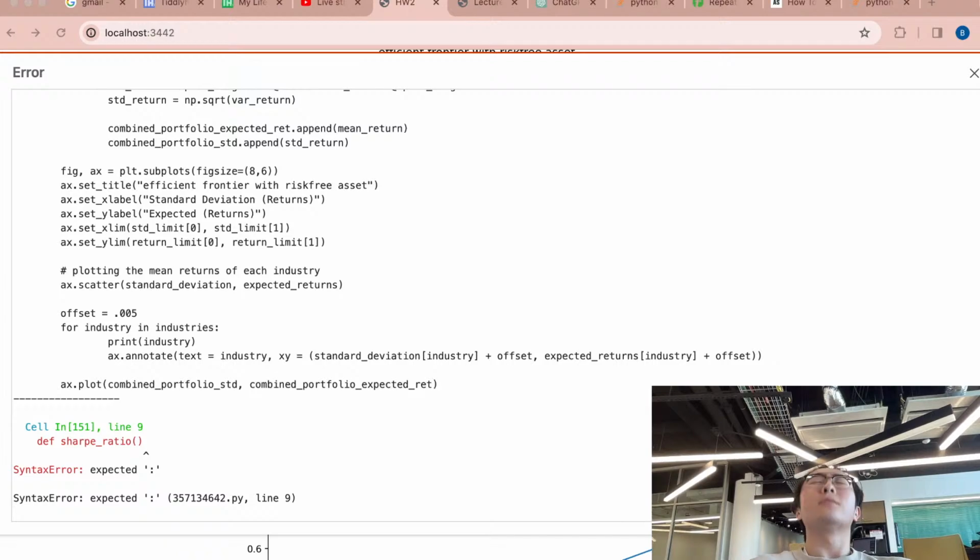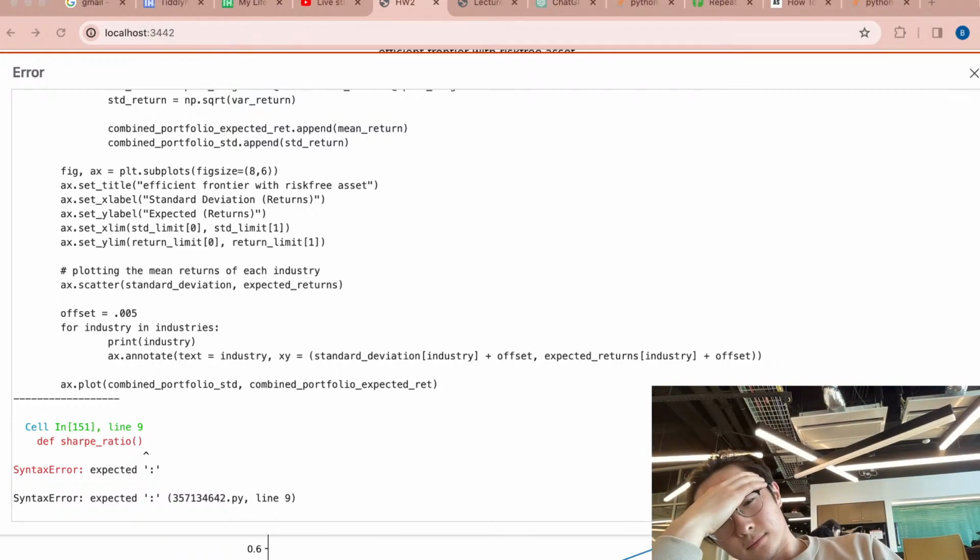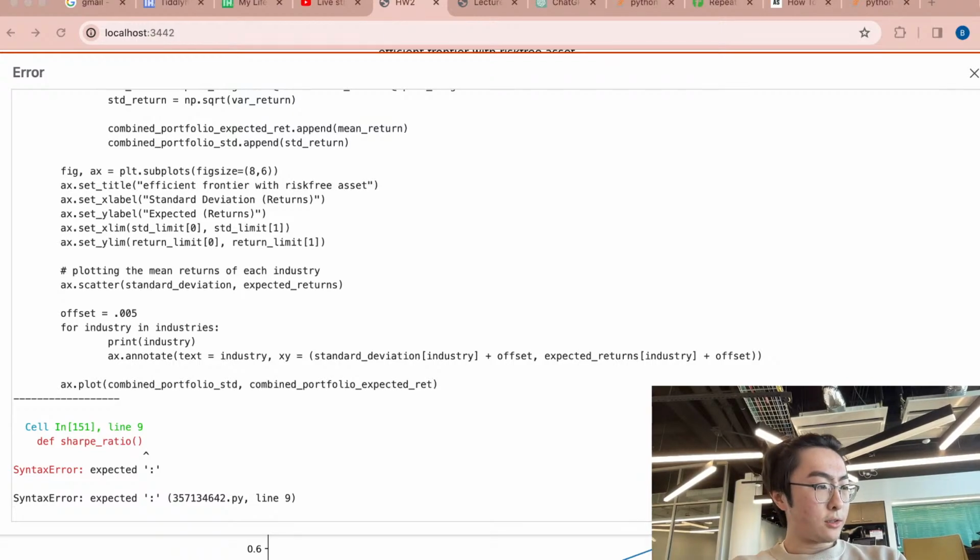Let me think. We have the mean returns, so expected return. And then we have standard deviation. Portfolio. We have risk-free rate.